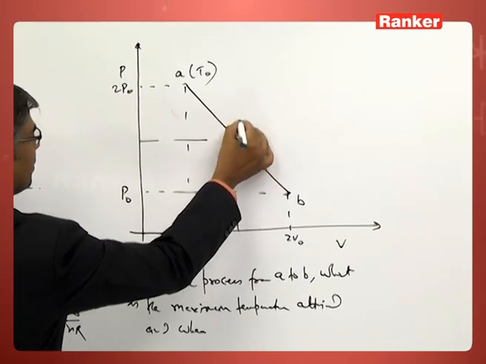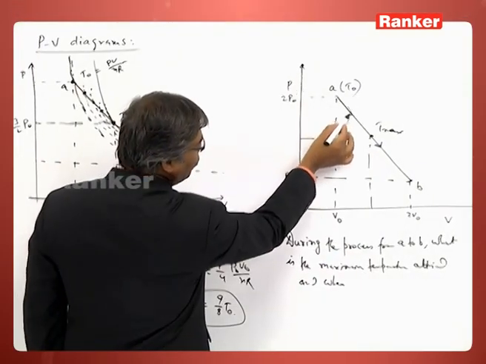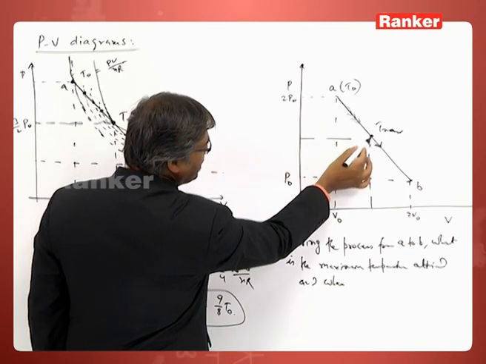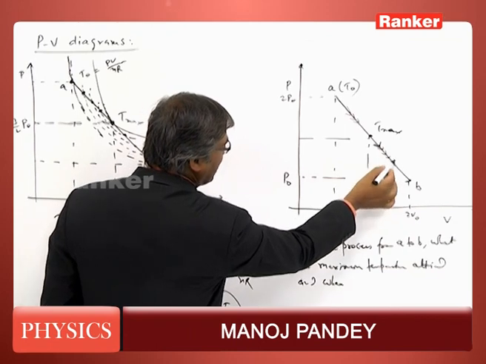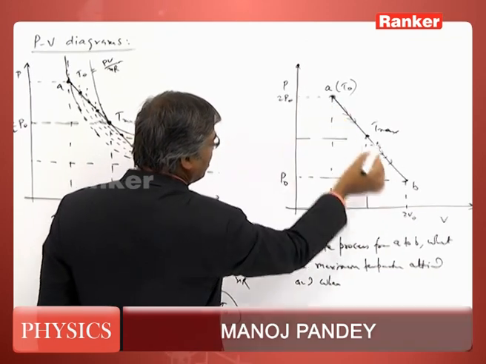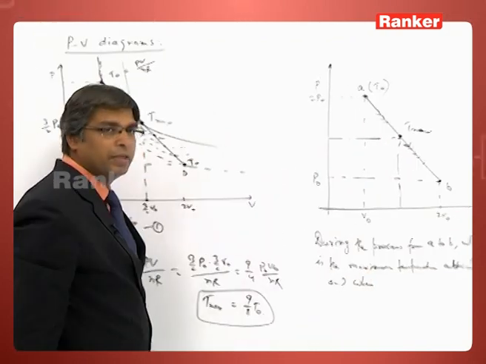So this is the place where we have the maximum temperature. So you see, as you go on, initially the temperature rises to Tmax and then finally decreases back to T0. So here T0, here T0, and at this place we have the maximum temperature.